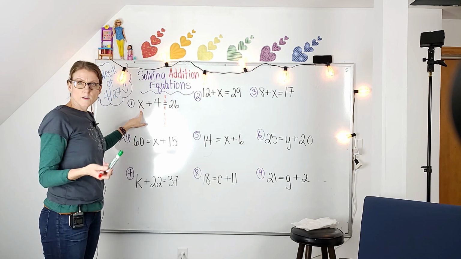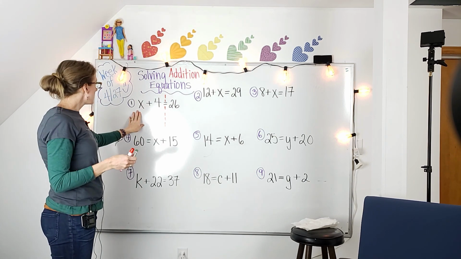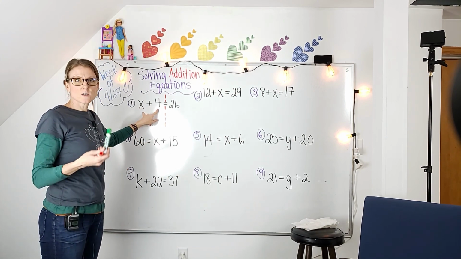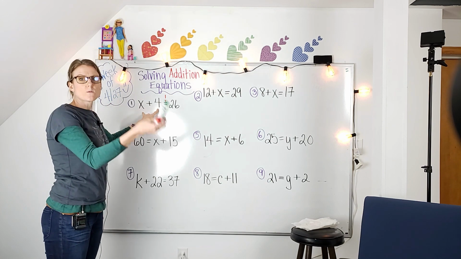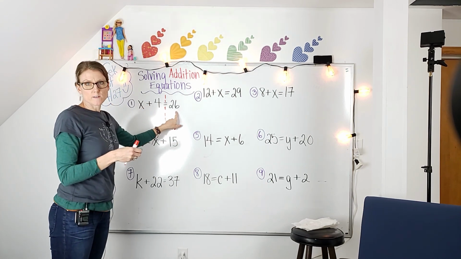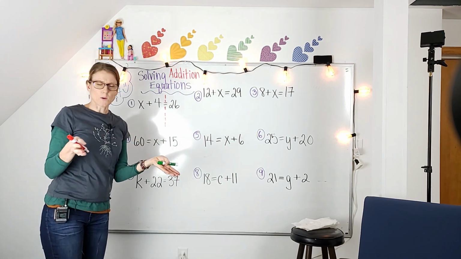We've got to isolate the variable. We want to make sure it's alone. Now, right now in the first example, on a lot of these, you're going to see that it's attached to something else. We want to get rid of that on this side, and we want to move that number over to this side. It's like balancing out an equation to figure out the variable.